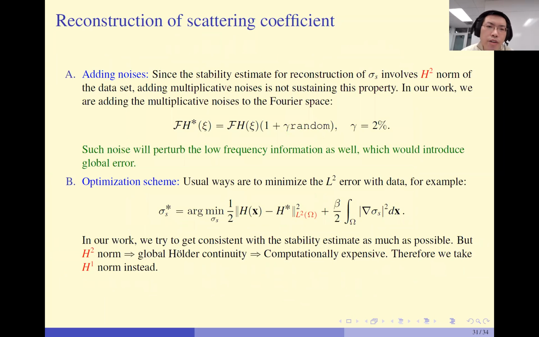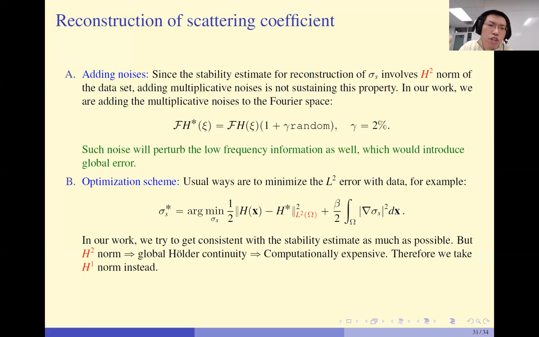And regarding the scattering coefficient, it's a little bit different, because as I have shown, for the reconstruction of these coefficients, the stability involves this H2 norm. So you have to enforce some kind of regularity to give you a stable reconstruction.